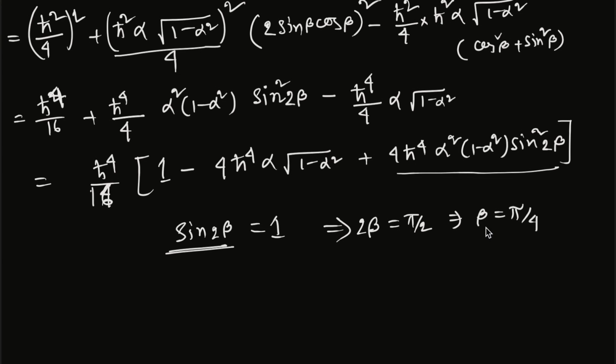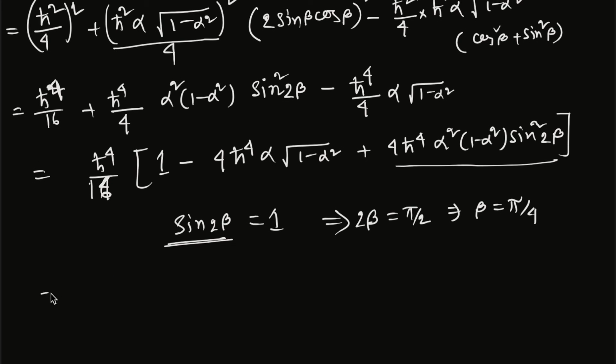Now if we put this value here, then it will become h to the power 4 by 16 times 1 minus 4 alpha root over 1 minus alpha square plus 4 alpha square into 1 minus alpha square.